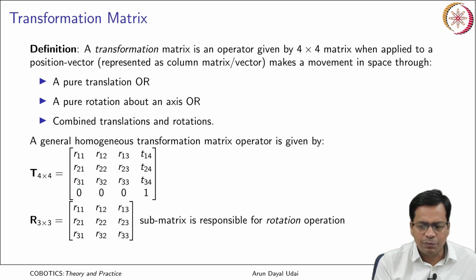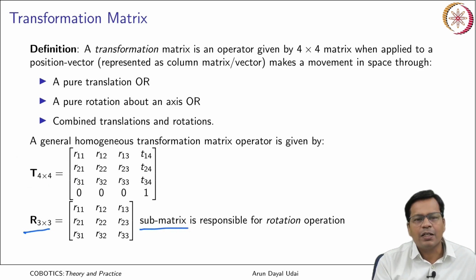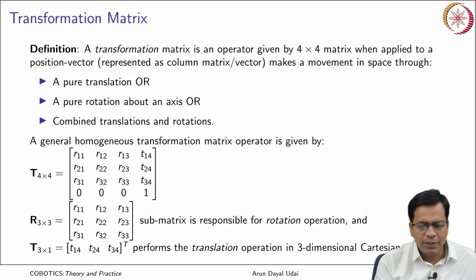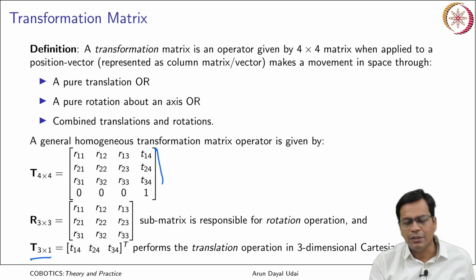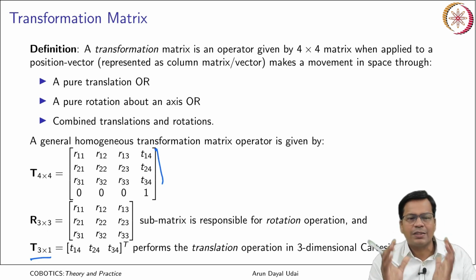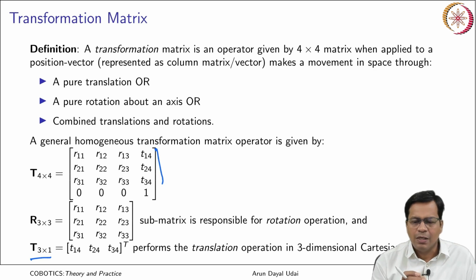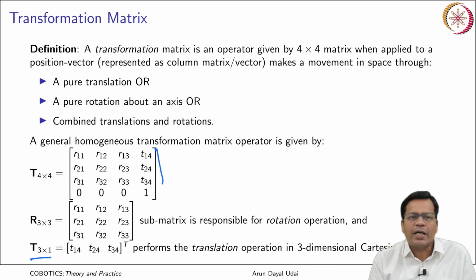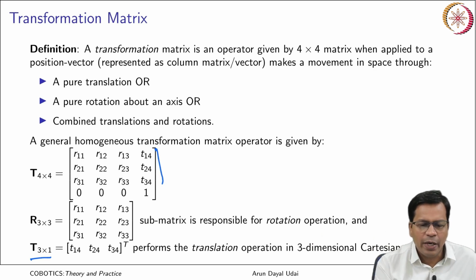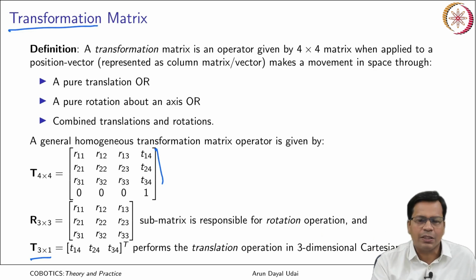So, what this does basically, R 3 cross 3 is a sub matrix that is responsible for rotation operation, and T 3 cross 1, that is the last column of 3 elements, performs the translation operation in 3-dimensional Cartesian space. Overall, this transformation matrix is to be applied to a point so as to transform that point. That is the reason why it is known as transformation matrix.